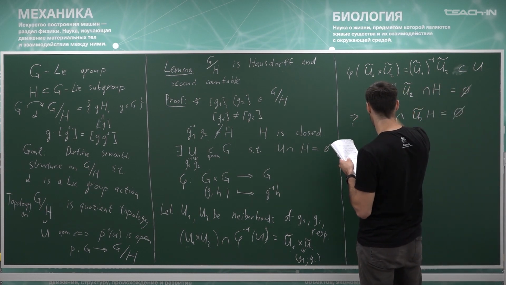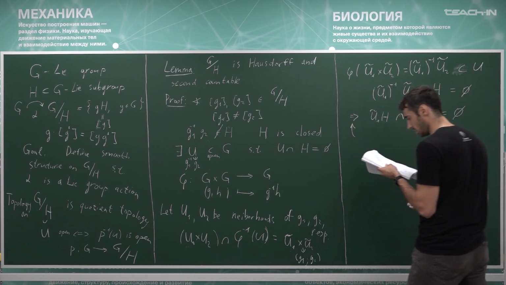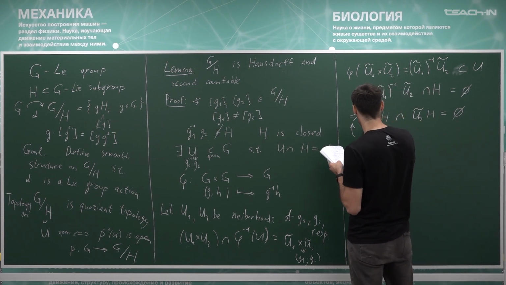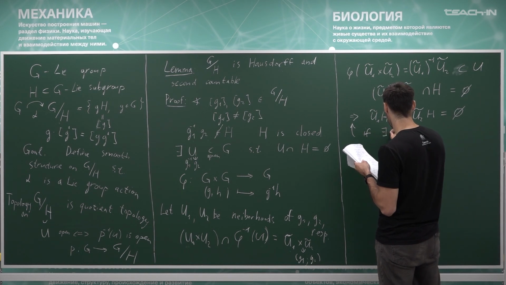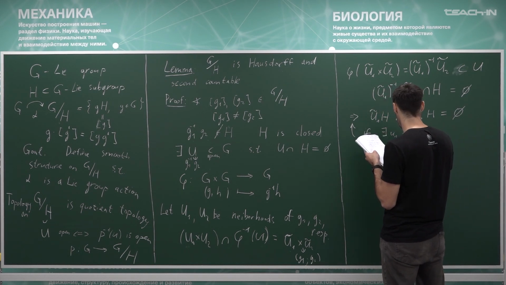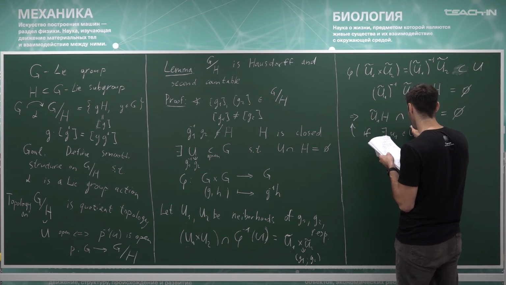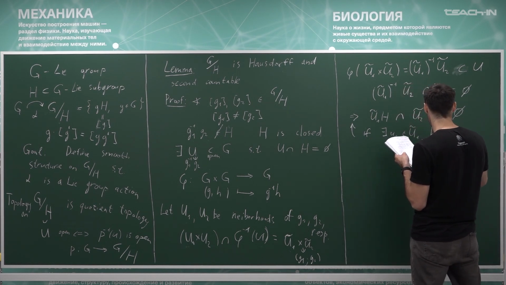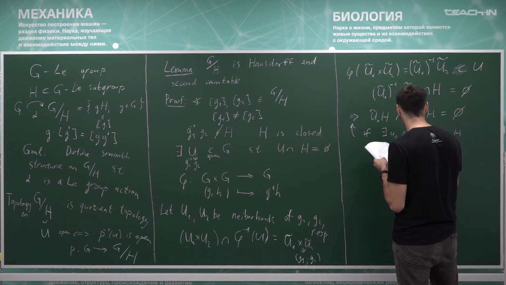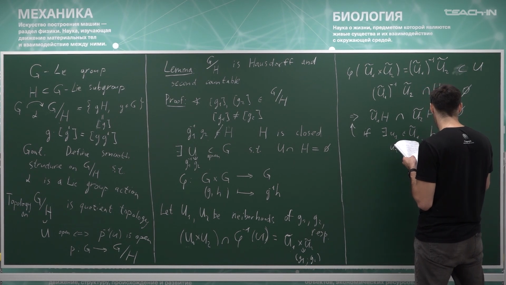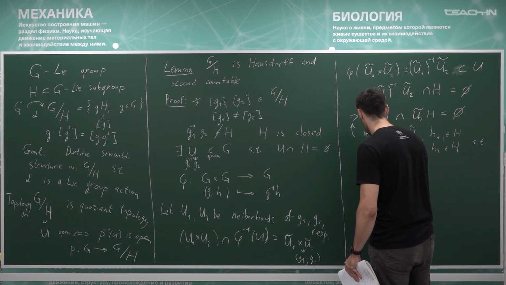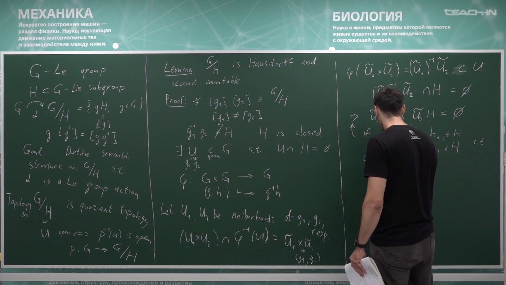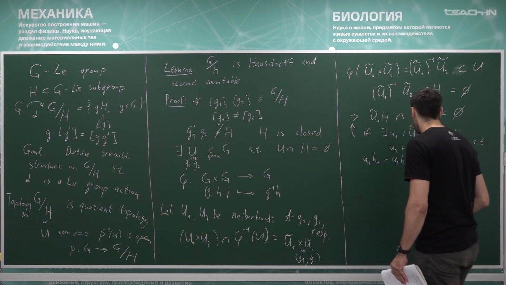Indeed, why does this imply this? So if, on the contrary, there exist some u1 in u1 tilde, h1 in h, and u2 in u2 tilde, h2 also in h, such that u1 h1 equals u2 h2, then what can I say?